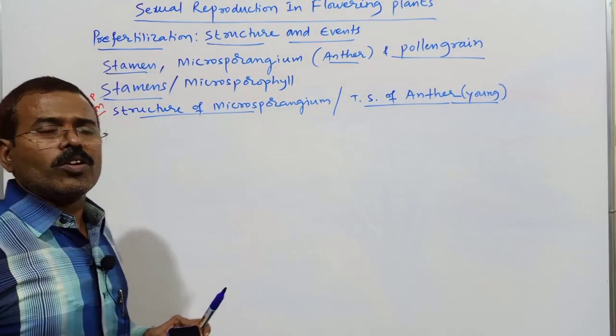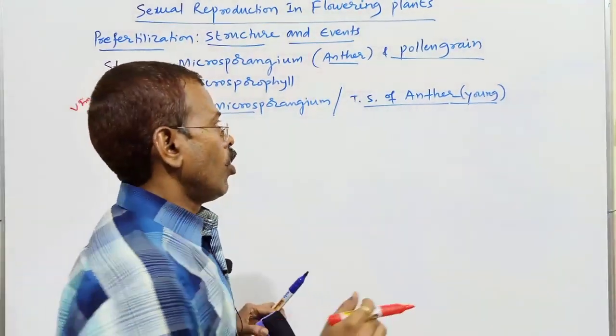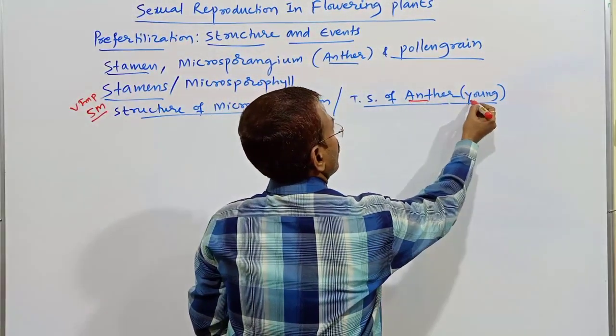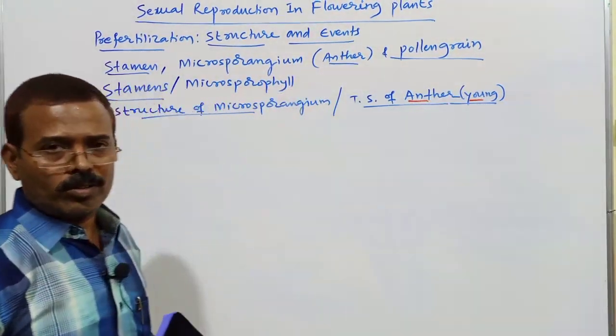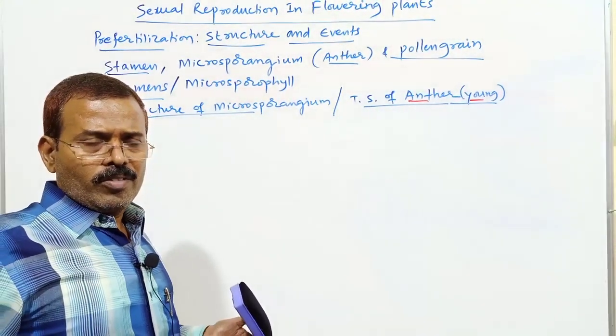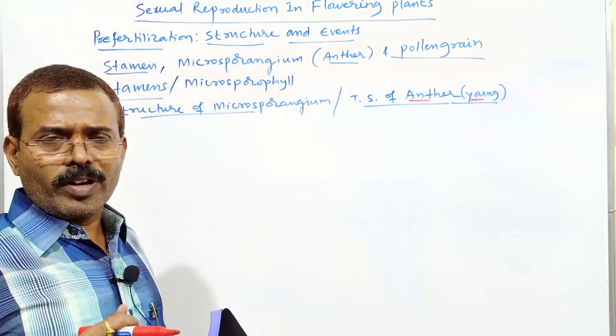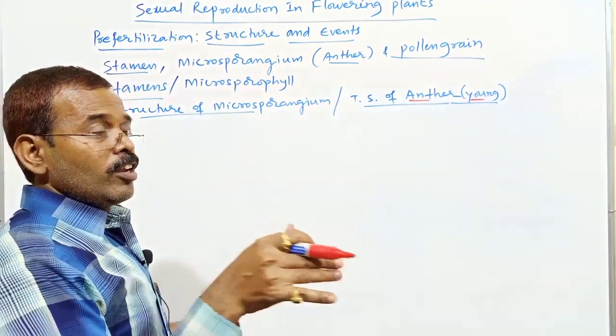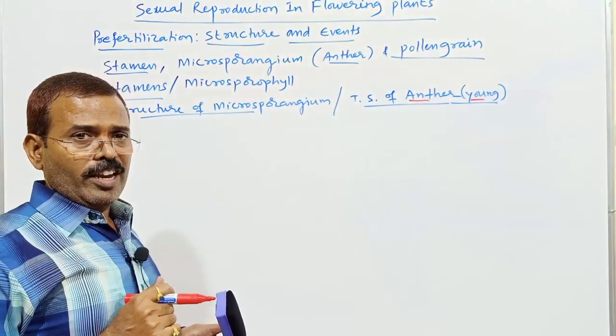Mature anther structure is slightly different, which has dehiscence to release the pollen grains. We are learning mainly the structure of the young anther.